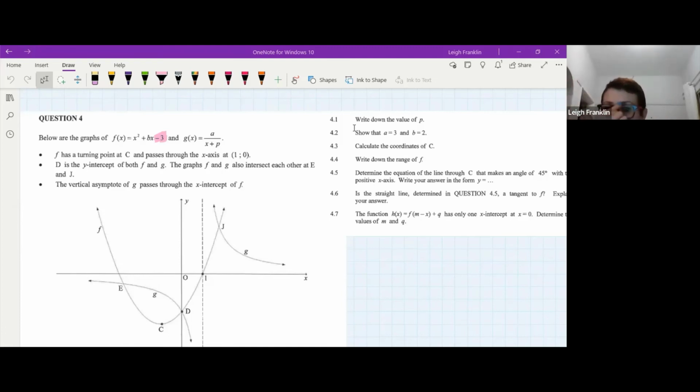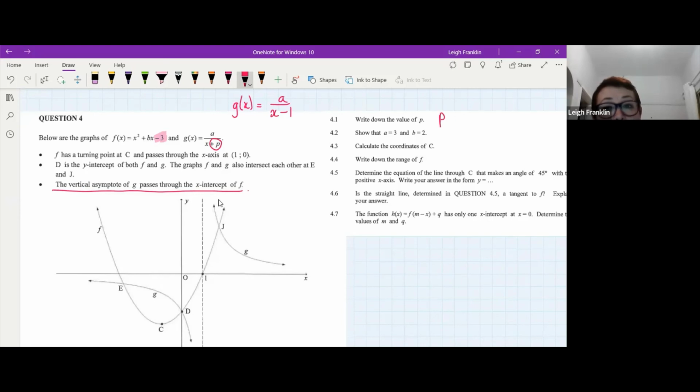So in other words, if we now substitute into our g of x, we would write this. Not that this is the answer to the question, but this is what we would have written: a over x minus 1. So they are in fact telling you what the value of p is. All right, so this bit of information over here. Okay. Write down the value of p.